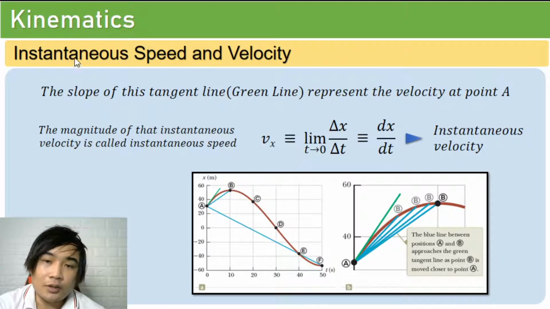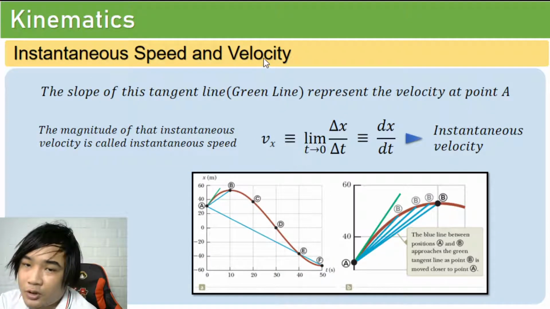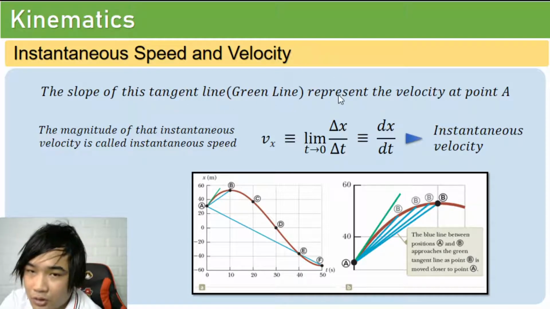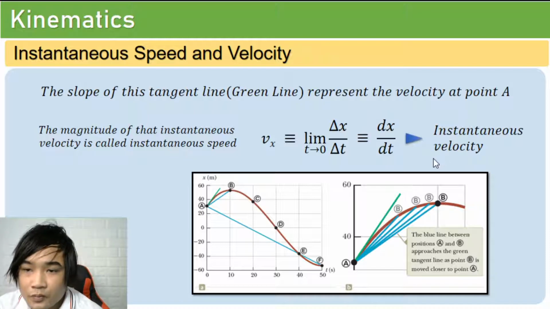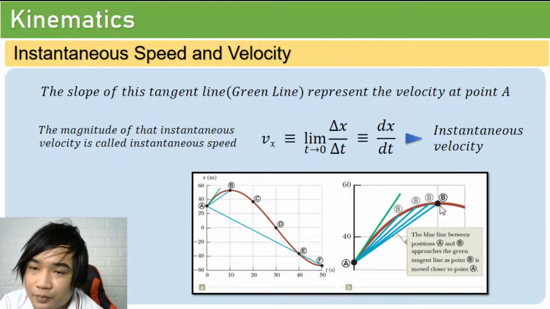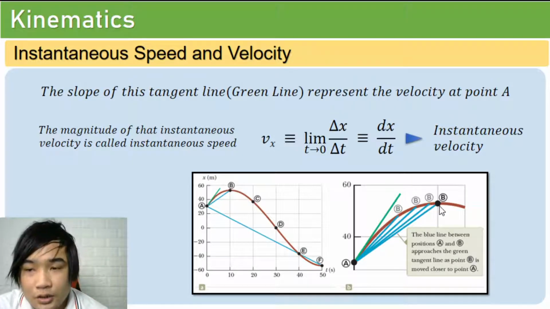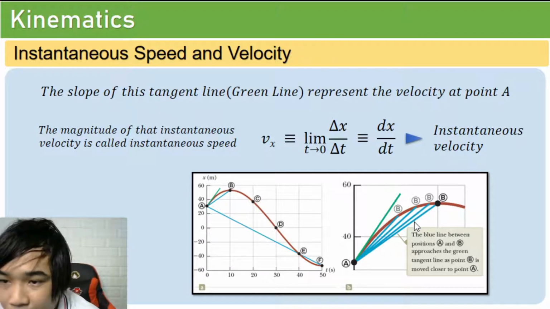So, meron tayo dito naman, instantaneous speed and velocity. So, ano ba pinagkaiba ng instantaneous speed at velocity? So, kung makikita nyo dito sa graph, yung instantaneous speed, ito yung blue line na yan.